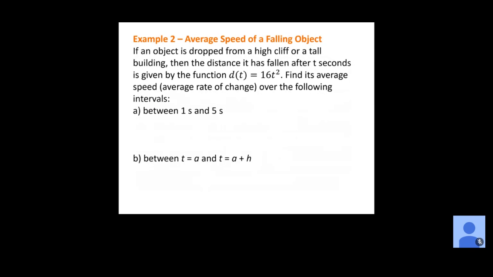So same formula we just used, right? I'm going to let A be the 1, which means 5 is your B value. Looking at f of 5 minus f of 1 divided by 5 minus 1.